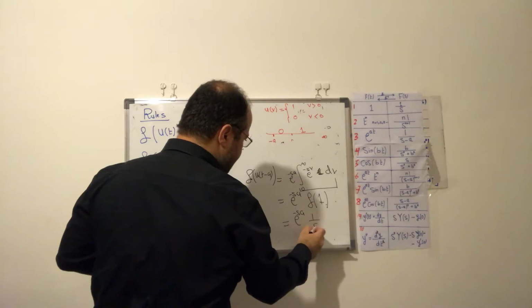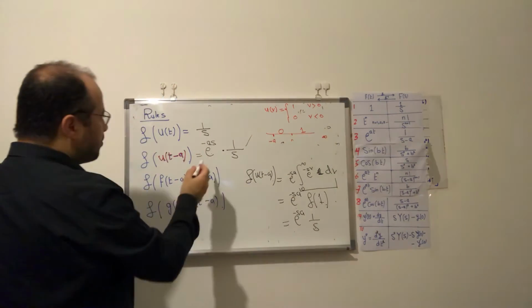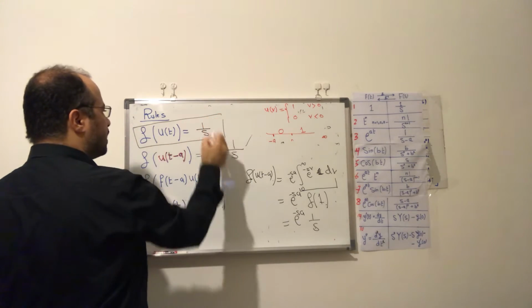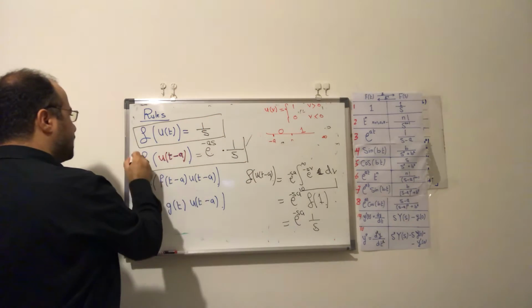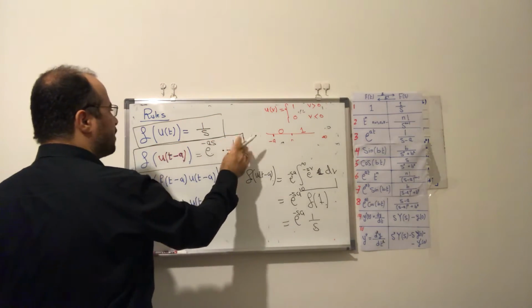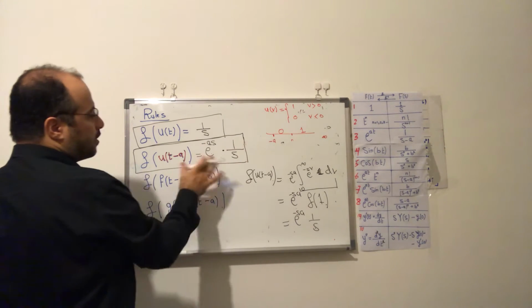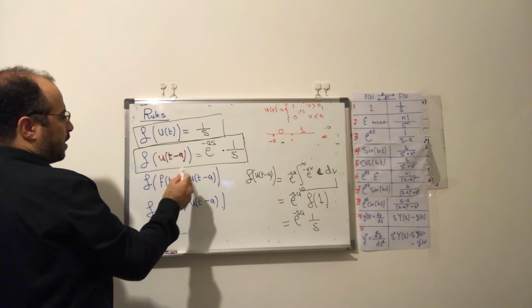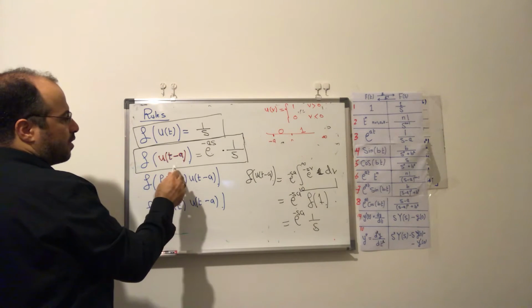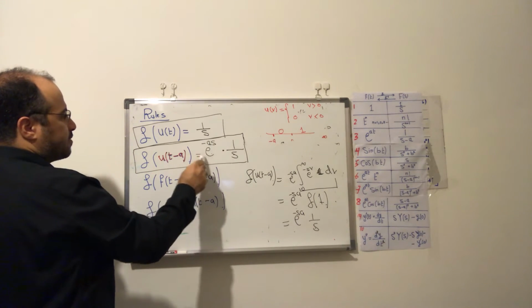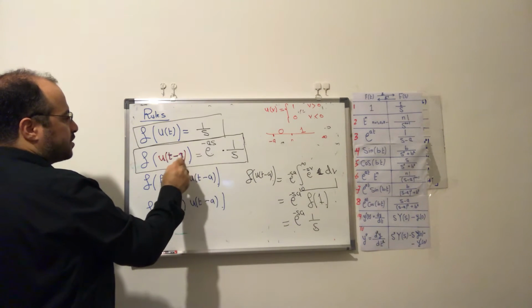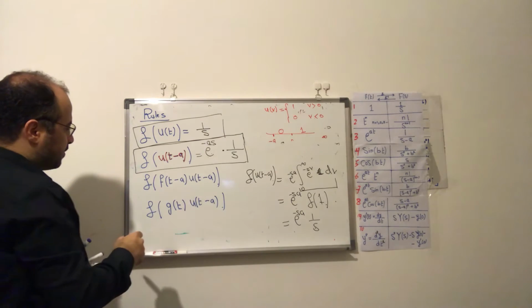So I ended up with that rule. This is the first rule that we did, and this is the second rule: if you shift the Heaviside function, the one-sided function, then the Laplace transform is 1 over s times e to the power minus a, the number of units shifted, times s.